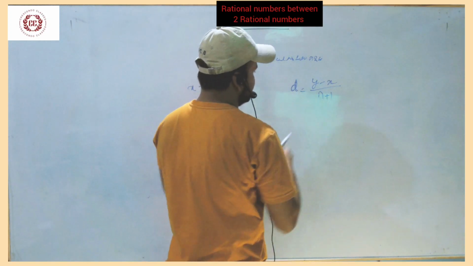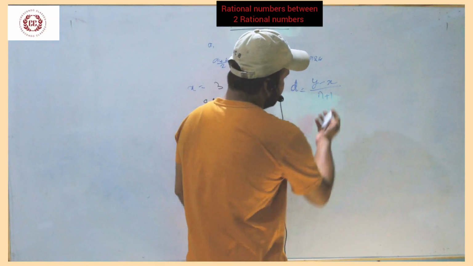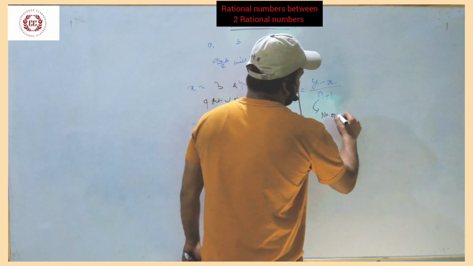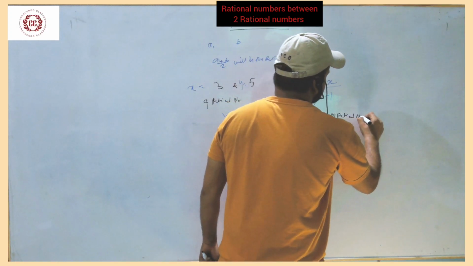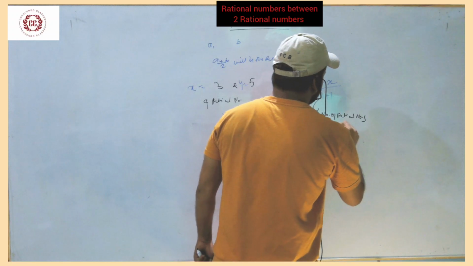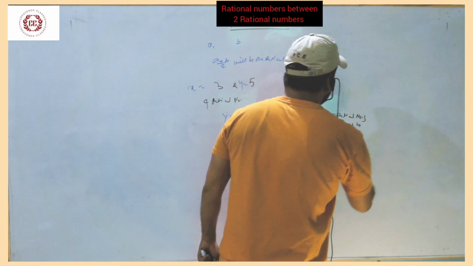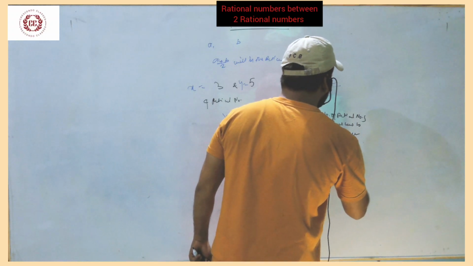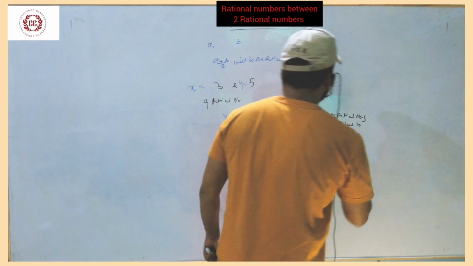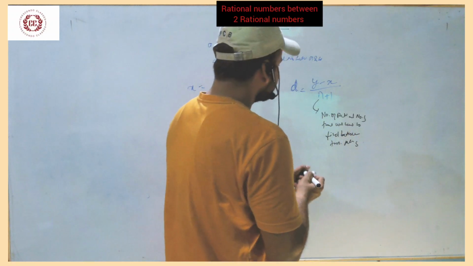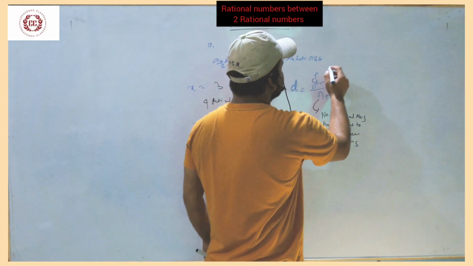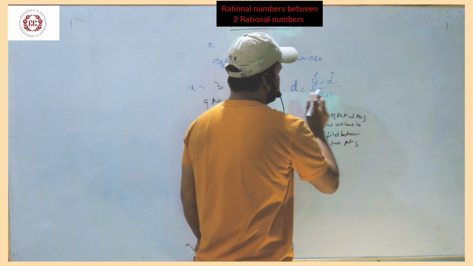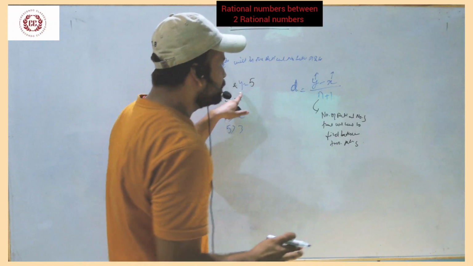D will be found as this, where n is the number of rational numbers that we have to find between two rational numbers. And y is the greater number and x is the smaller number.